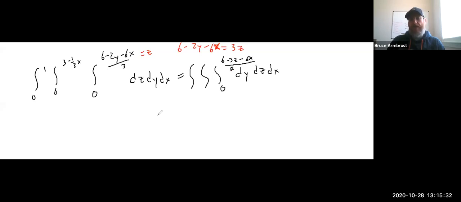Then we need to look at the zx plane and see what things look like there. If we take that equation and let y equal 0 in this plane, we get 6 minus 6x equals 3z, or z equals minus 2x plus 2, which means in the xz plane we've got this line, minus 2x plus 2.